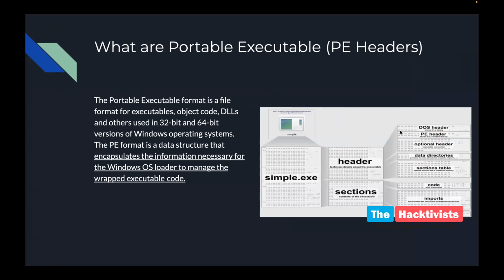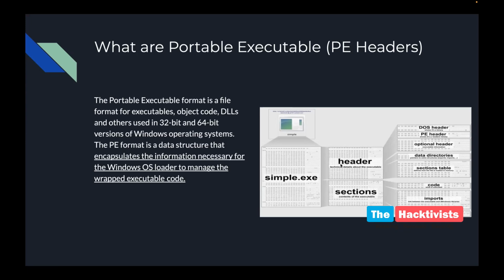Okay. So next one is the optional header. Basically in the optional header, we will be having the executable file information, right? All those specific details regarding the executable file, which type of architecture it is supporting, and all those details will be available there. Next one will be the data directories, right, and the sections table.